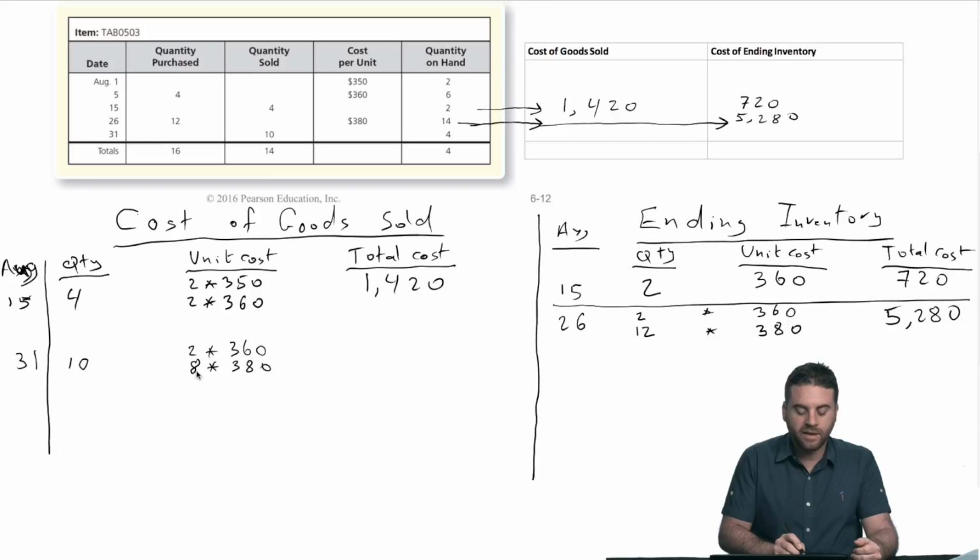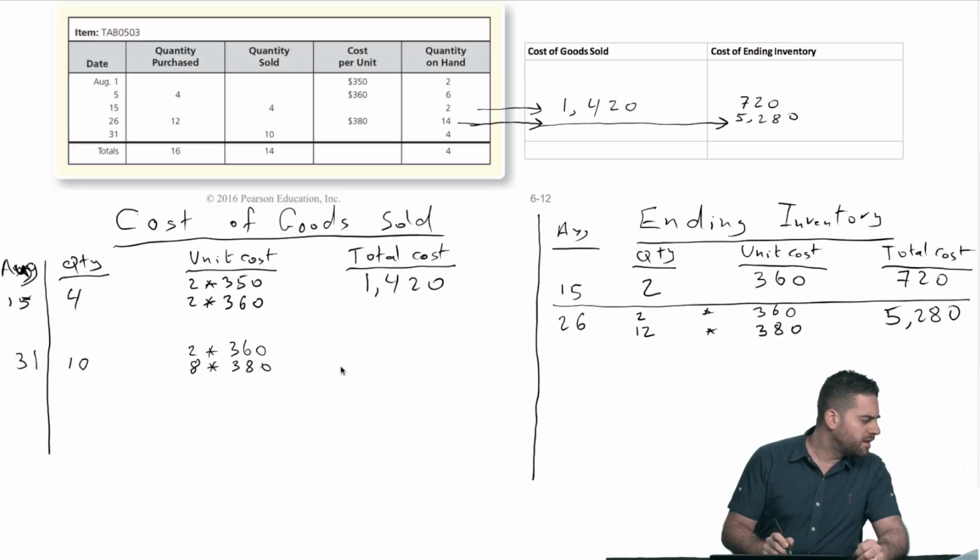The total is 10, but 2 units cost us differently than what the 8 units cost us. Then you just multiply and find out what your cost of goods sold was, and that will be 3,760.